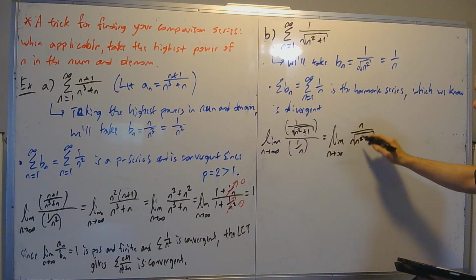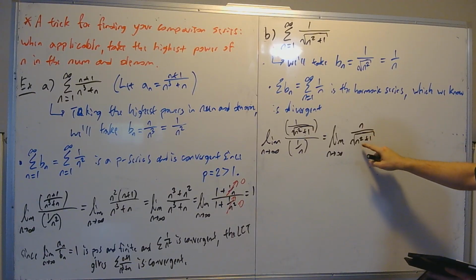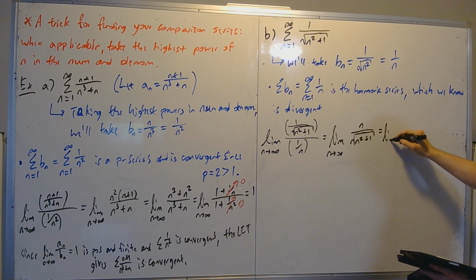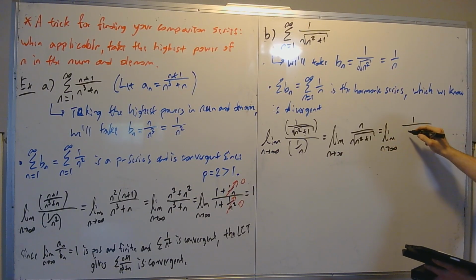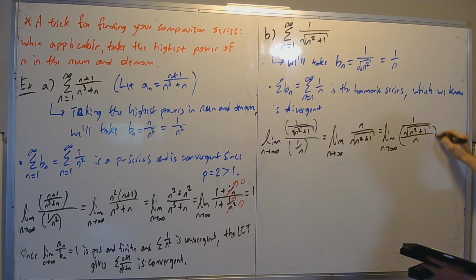That's what we get. But we will actually want to move this n into the inside of this. So what I'm going to do is divide both sides by n, and if we do that, we get the limit as n goes to infinity of 1 over the square root of n squared plus 1 over n.